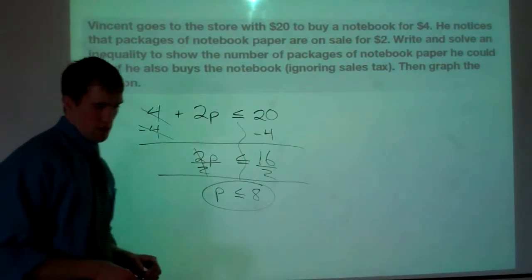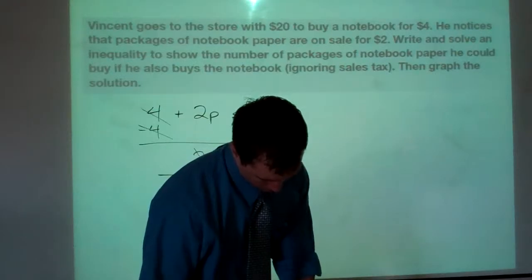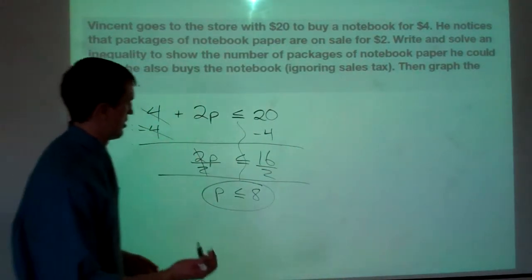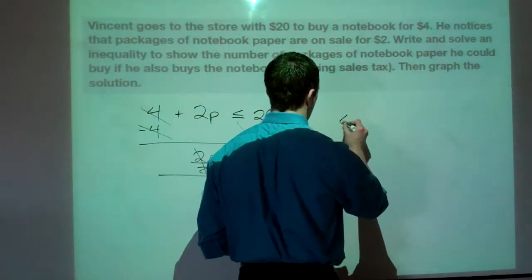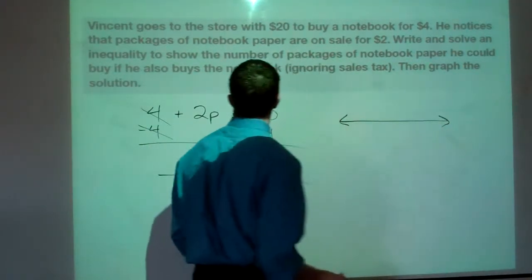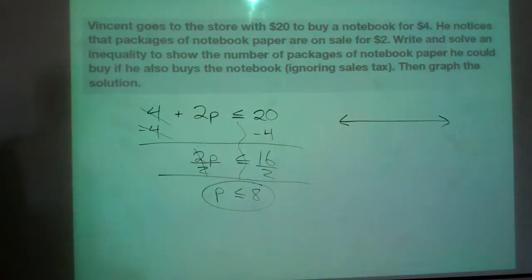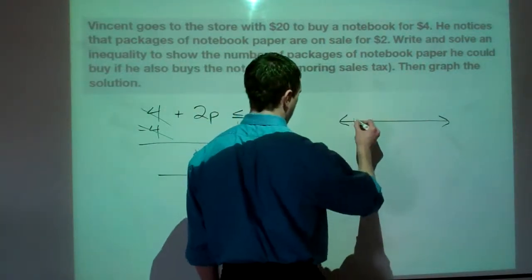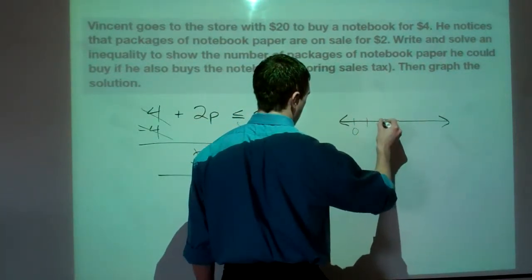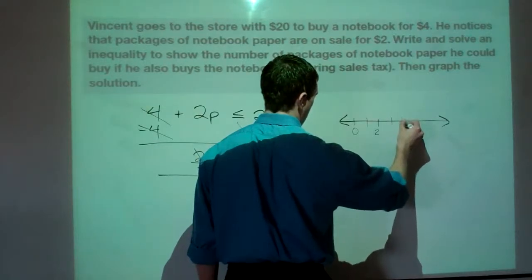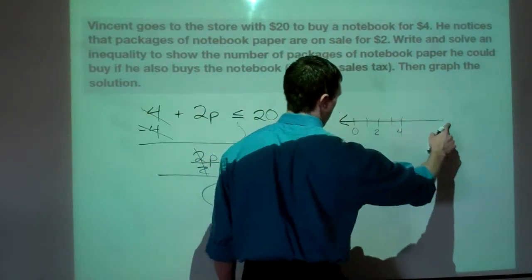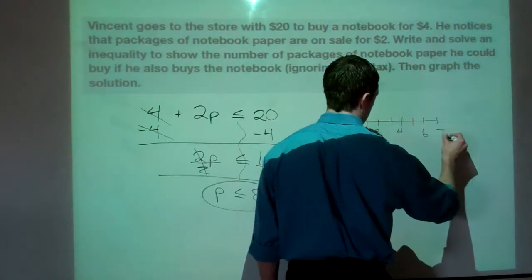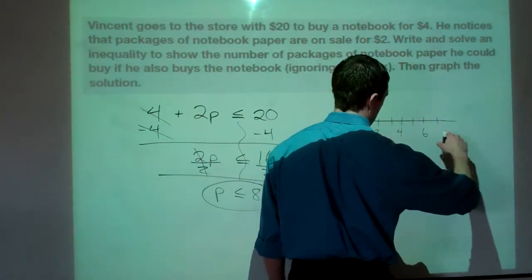Alright, now if we want to show the graph of this, it's going to be a little bit different. We're looking at packages that he could buy of paper. So we're going to go 0, 1, 2, 3, 4, and make this bigger, 5, 6, 7, and 8.